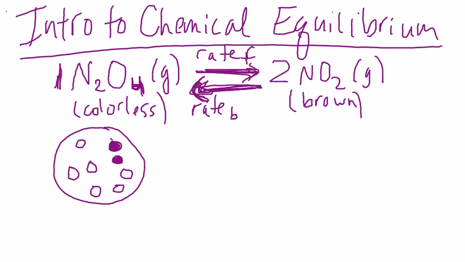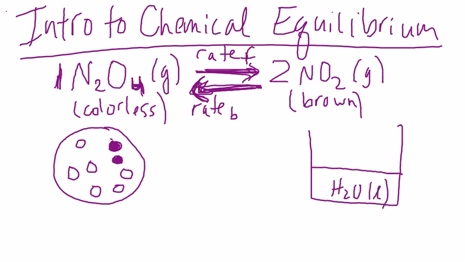Another way you might think about this is the transition of liquid water. If you introduce liquid water into a cup, that liquid water will eventually start producing gaseous water, but then some of the gaseous molecules will also transition back into the liquid phase.